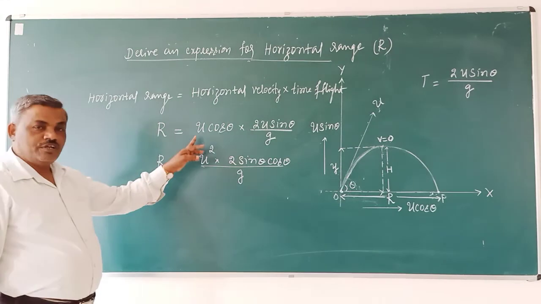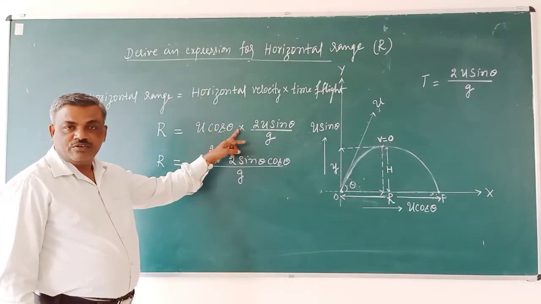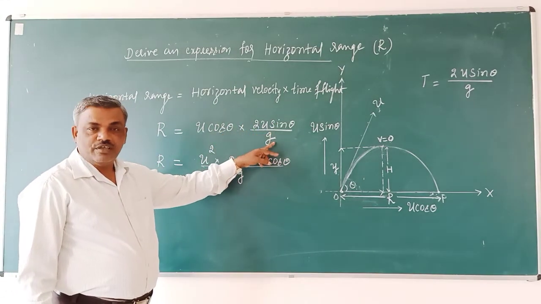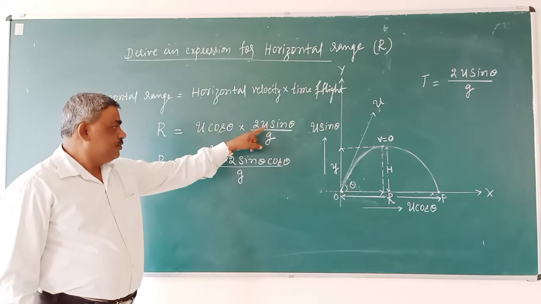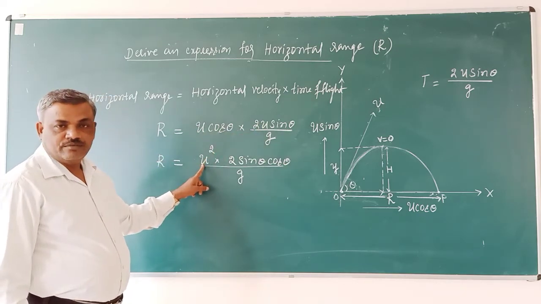Students, the above equation is written as u cos theta into 2u sin theta by g, but here u into u is u square.